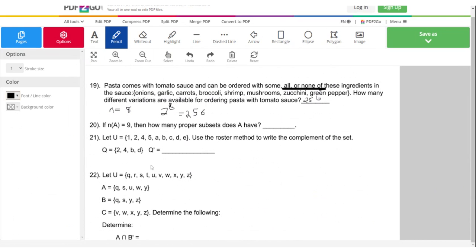All right, what about the complement? If you've got the universal set and then you've got a particular set that you want to look at, then you can find the complement by taking out what's in the set. This is the way I kind of like to do it.